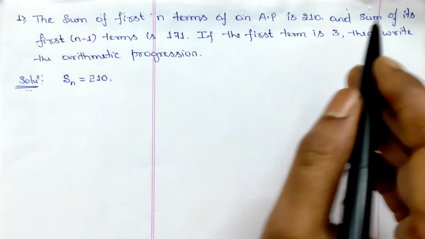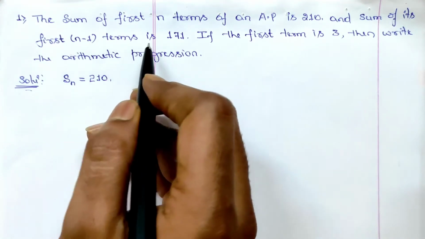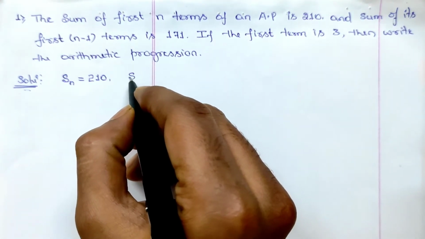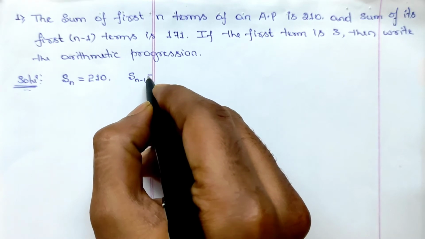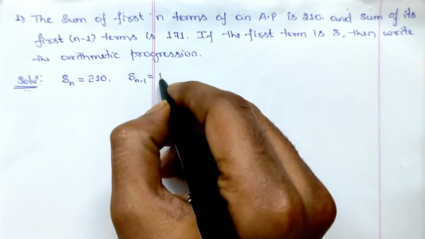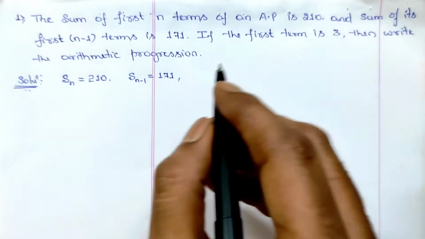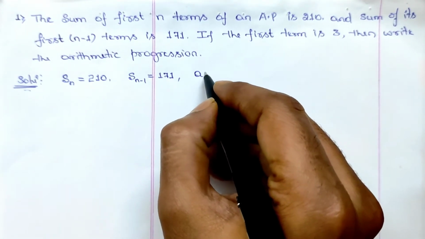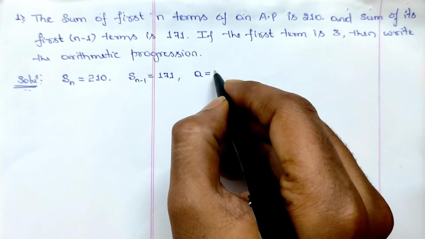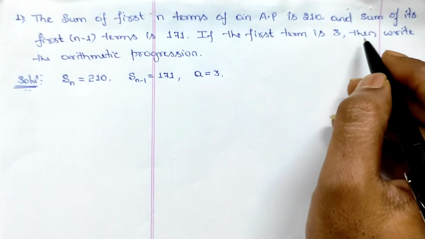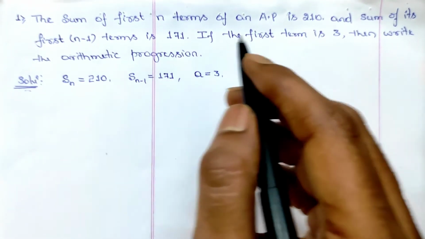Then the sum of its first n minus 1 terms, Sn minus 1, is equal to 171. Then the first term is 3, so the first term A is equal to 3. Then write the arithmetic progression.